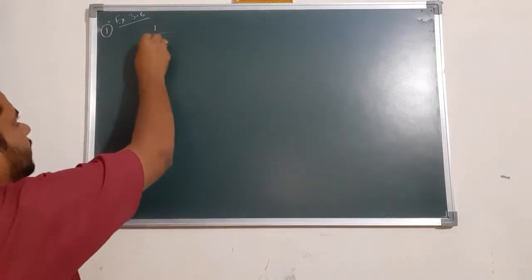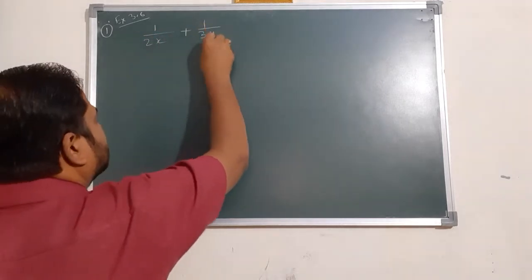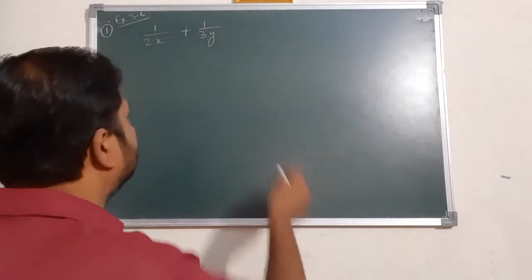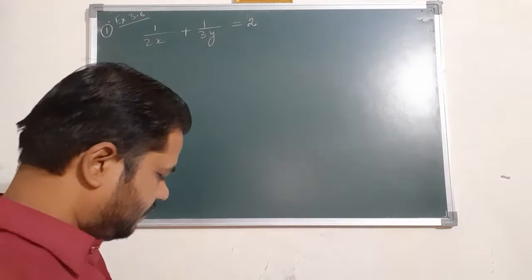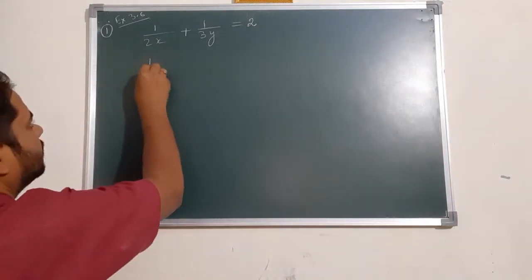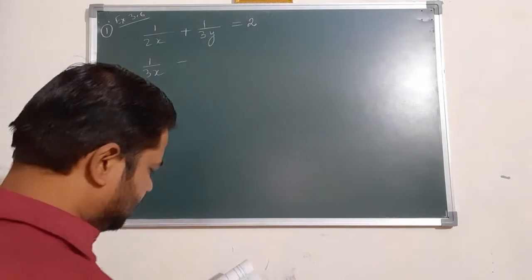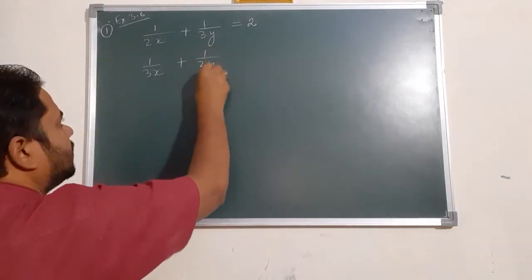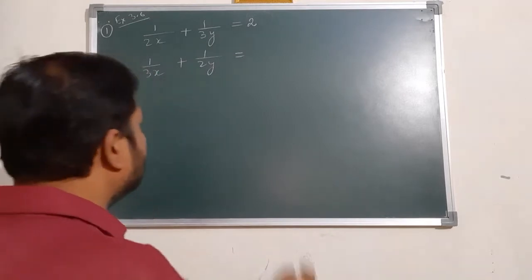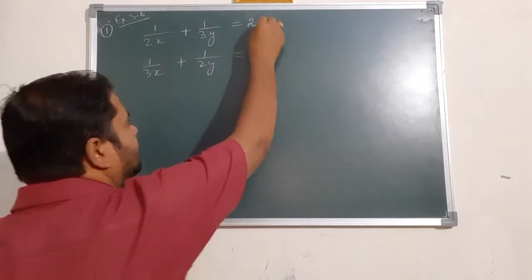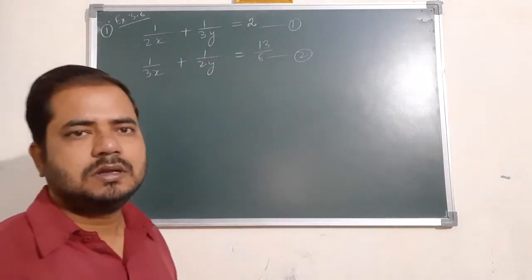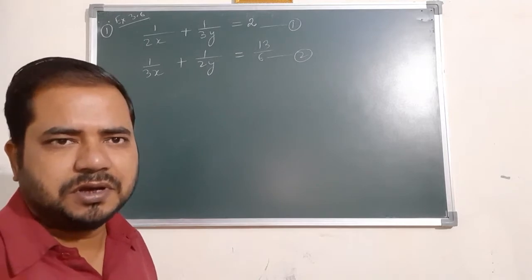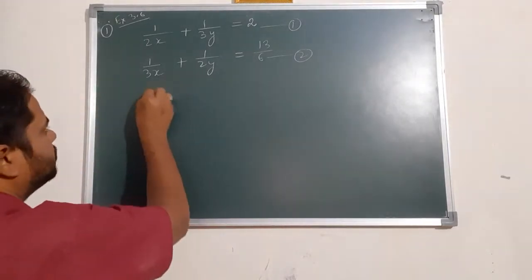1 upon 2x plus 1 upon 3y is equal to 2, and 1 upon 3x plus 1 upon 2y is equal to 13 by 6. These are two equations. They are not actually a pair of linear equations, but they are equations reducible to a pair of linear equations.